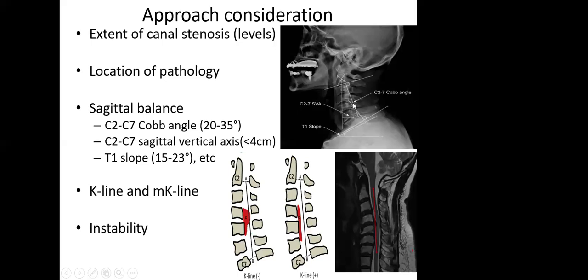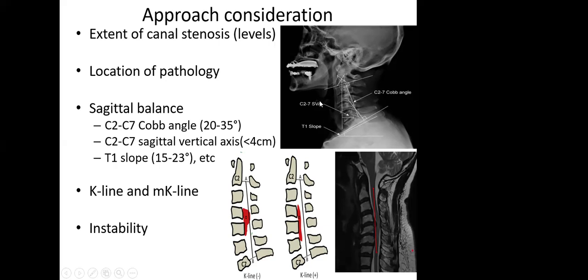The point where they bisect, the angle it makes, is the C2-C7 curve angle, which has been said to be between 20 to 35 degrees. So the lesser this angle becomes, that means the cervical lordosis is being lost. That will make us tilt more to an anterior approach as opposed to a posterior approach.